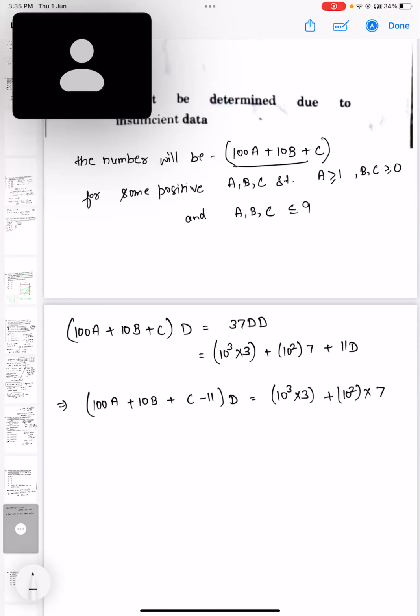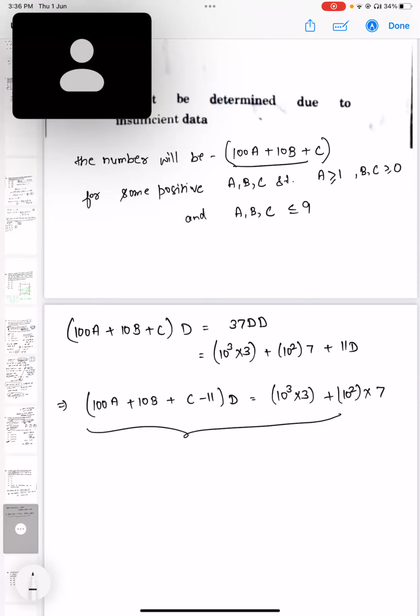Is it fine now? So this is the condition which we get from the given data.